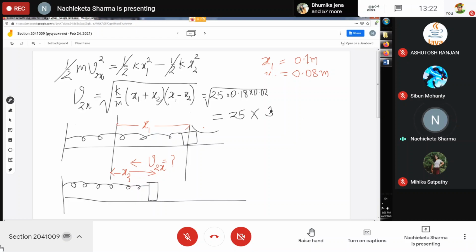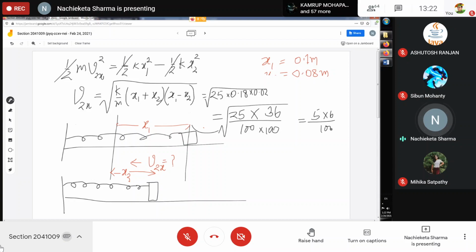And then in the denominator, I have got multiplication of 100 into 100. And then I will take the square root. So I need not require a calculator also. Square root of 25 is 5. Square root of 36 is 6, and square root of 100 into 100 is 100.